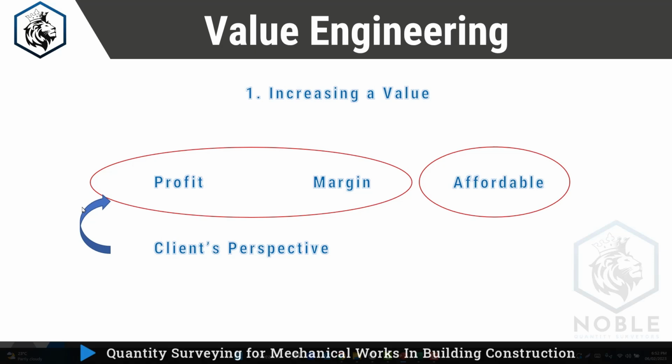On top of that, he needs a margin also. So he's not going to sell at the same price that he spent in the construction. If he spent 100,000 dirhams as a construction cost, for sure he'll sell it for 150,000 dirhams or more than this also. So this is a client's perspective for the product.